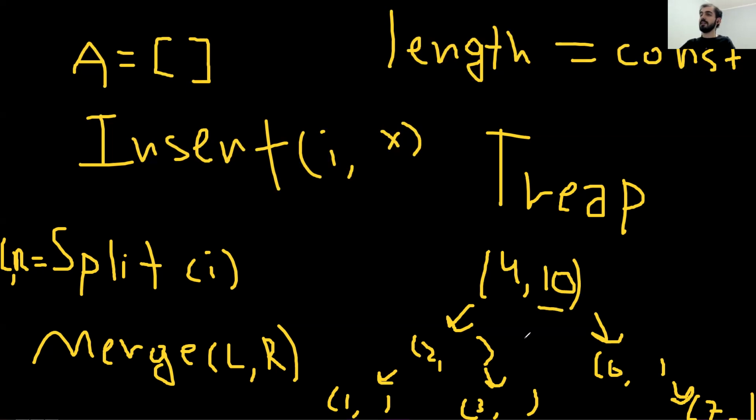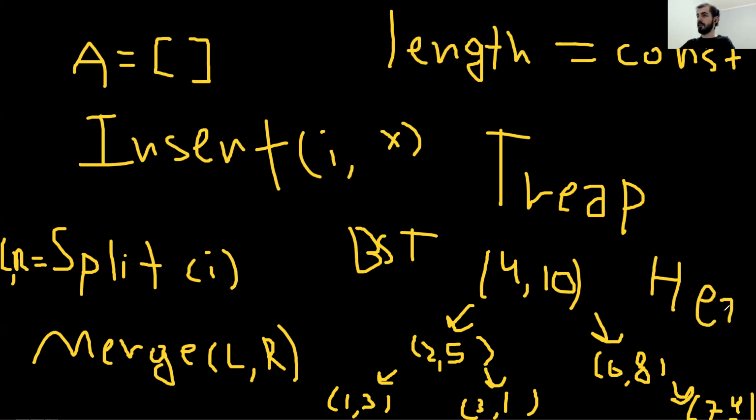But on the second element, it's a heap, so it has max elements on top, and then elements get smaller. Something like that is a valid treap. It's a BST on the first key, on the first element, and it's a heap on the second element.